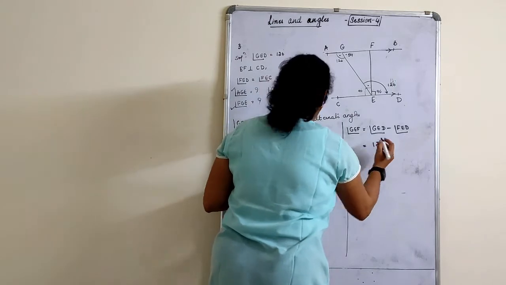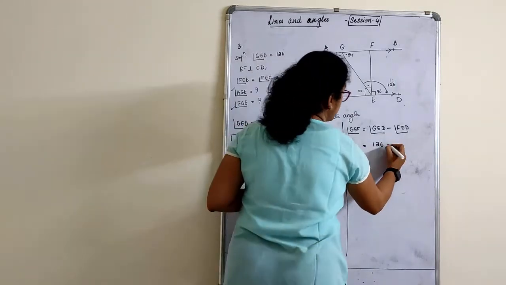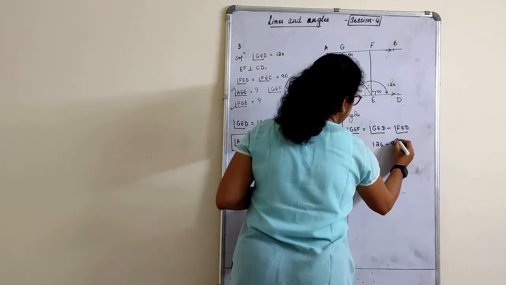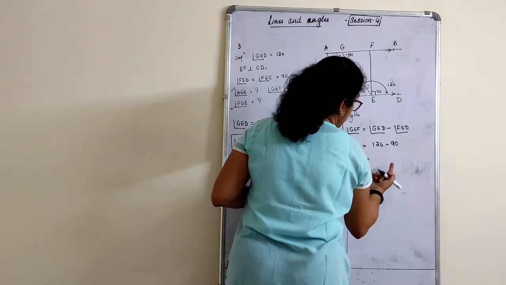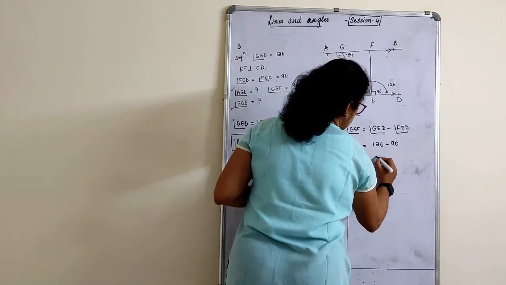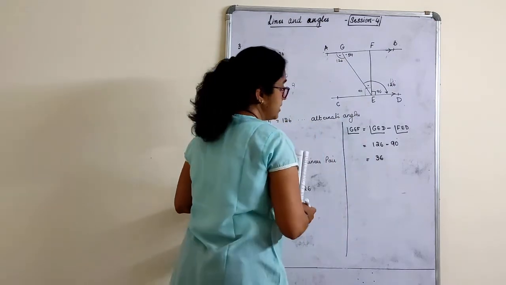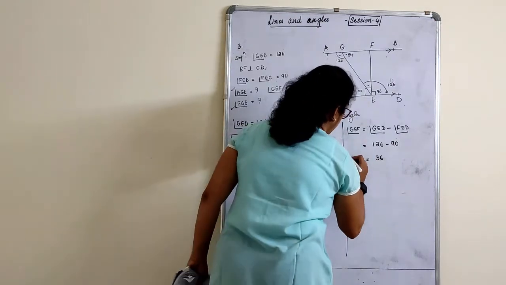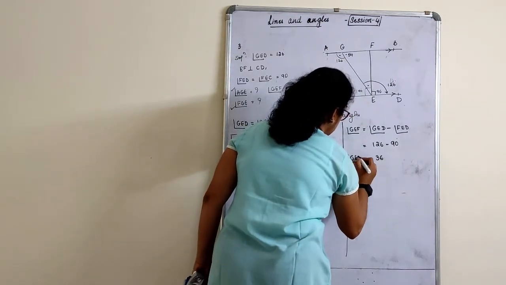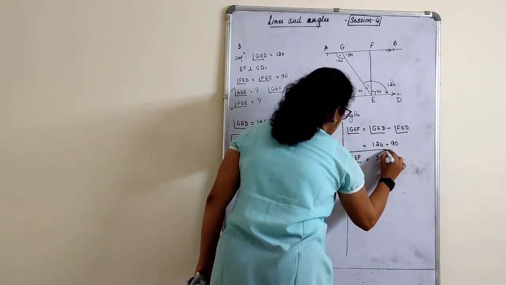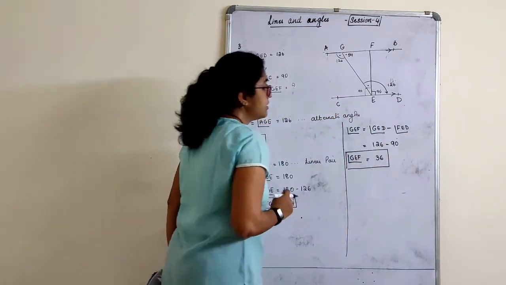So 126 minus 90 degrees. How much? 126 minus 90 is 36. Correct? Yes. Angle GEF is equal to 36 degrees.